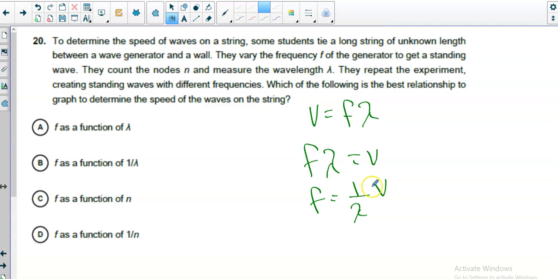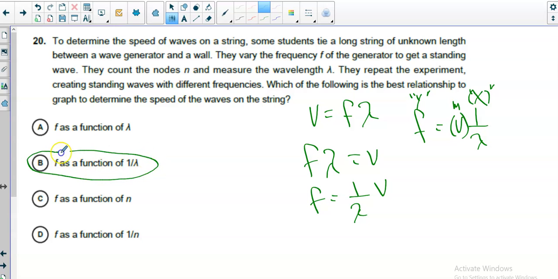In fact, let's write it like this: f equals v times 1 over wavelength. This is like my slope. This is my y. This is my x, so to speak, right? So if I plot f as a function of 1 over the wavelength, that would work. Then the slope of that would be my velocity.